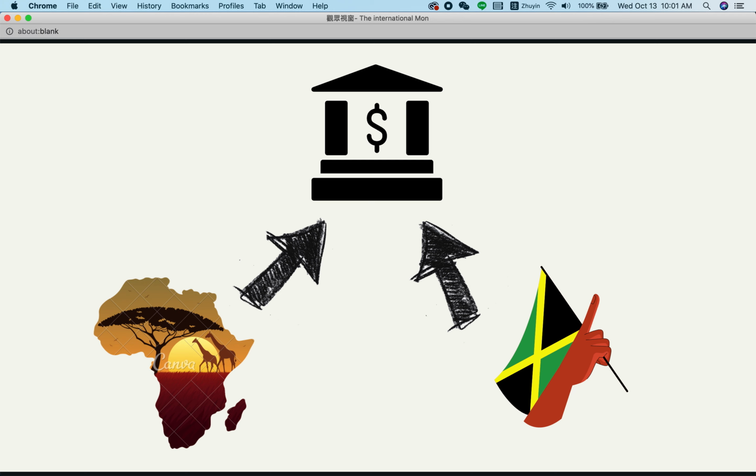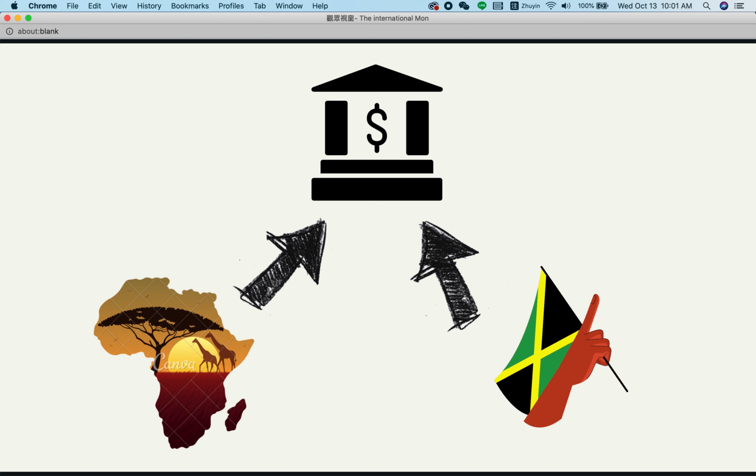The remaining countries use more inflexible systems, including a fixed peg arrangement under which they peg their currency to other currencies such as the US dollar or the euro, or to a basket of currencies.